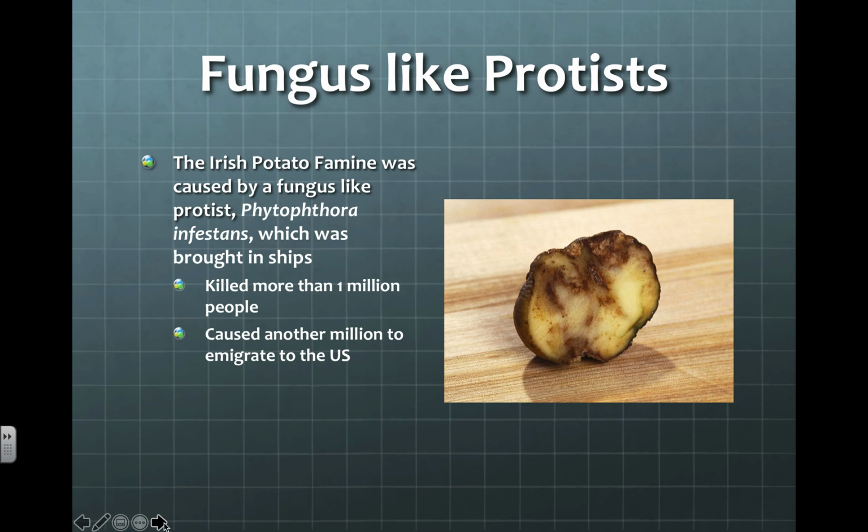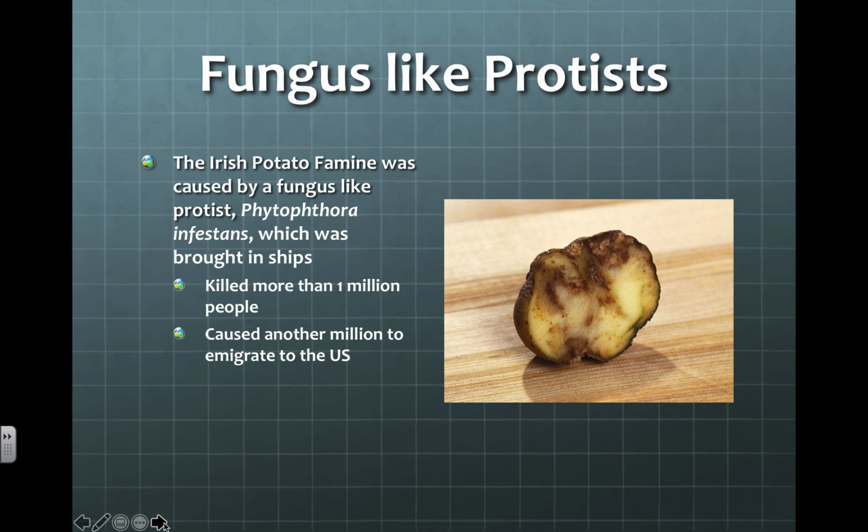One of the most famous was the water mold that caused the Irish potato famine, and it was caused by a fungus-like organism called Phytophthora infestans. I would like for you to know that scientific name. It was brought in by the ships. And what happened is it attacked the potato crop, which was a huge source of food, and it killed people when they ate the potatoes.